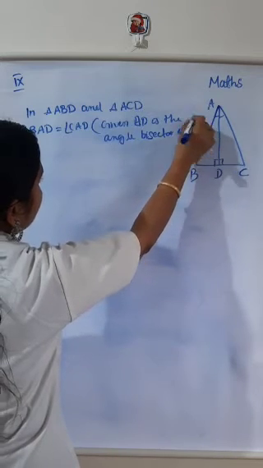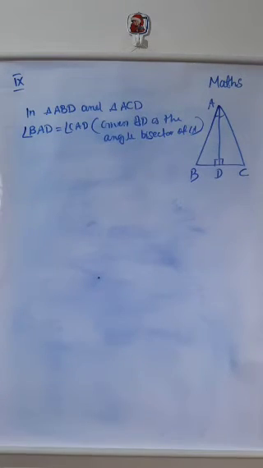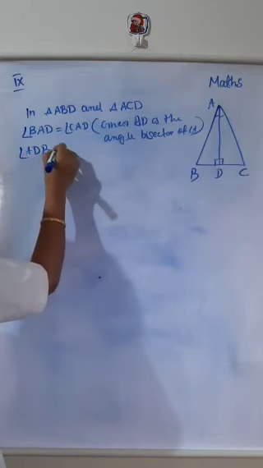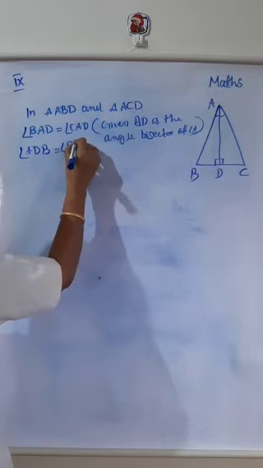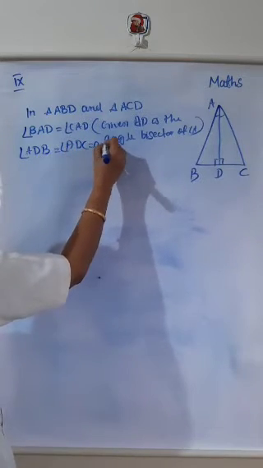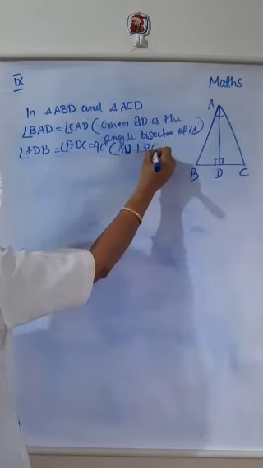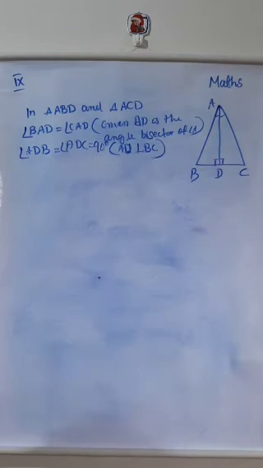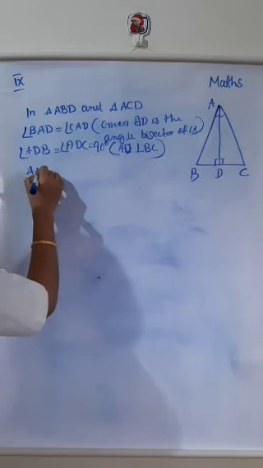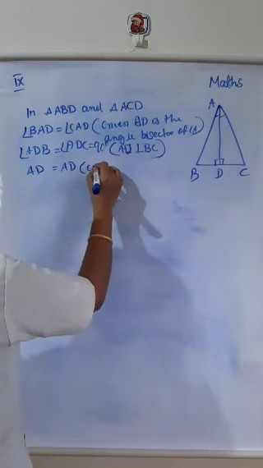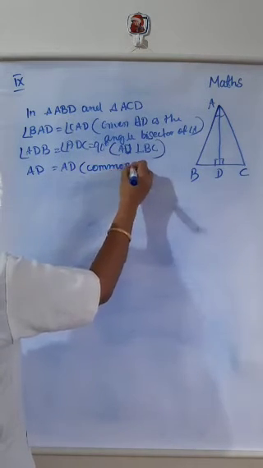Also given that AD is perpendicular to side BC, so angle ADB is equal to angle ADC, which is 90 degrees. Then AD is equal to AD, the common side of the two triangles.